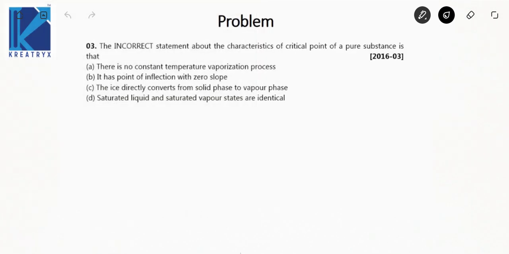The incorrect statement about the characteristics of the critical point of a pure substance. Critical point. There is no constant temperature vaporization process. Yes, it is correct. Let me draw this, a rough T-s dome.